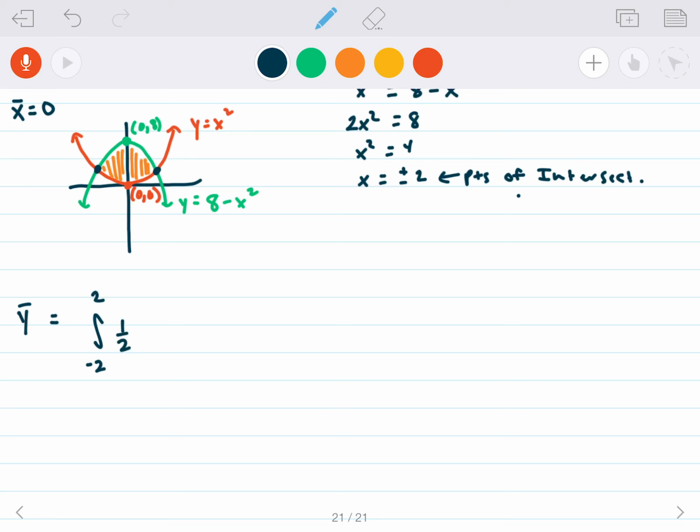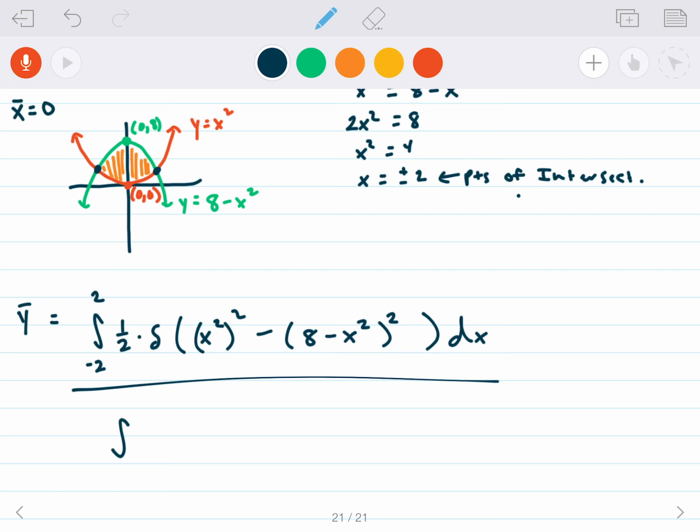We have 1/2 times the density times top function squared minus bottom function squared dx, all divided by the mass, which is negative 2 to 2, density times area, which was x squared minus 8 minus x squared.